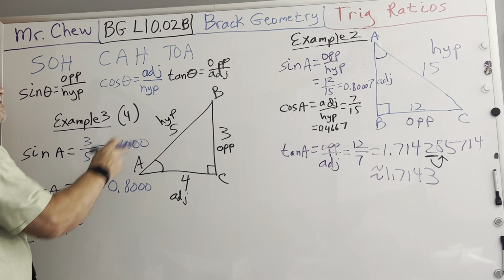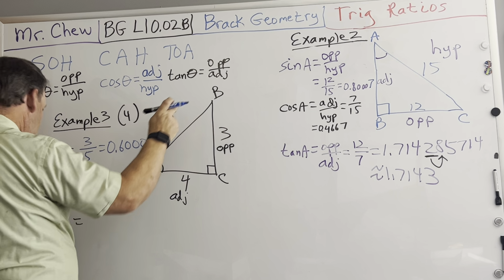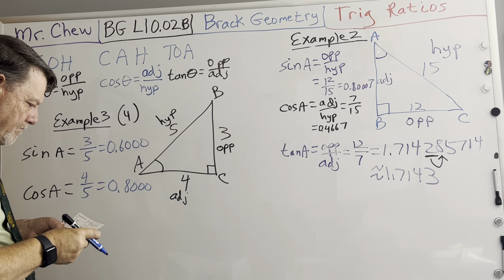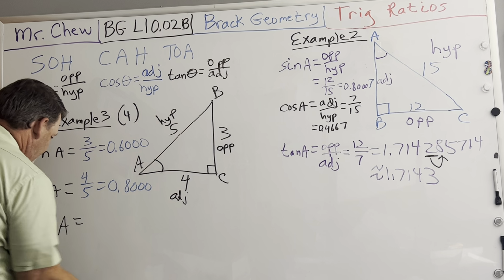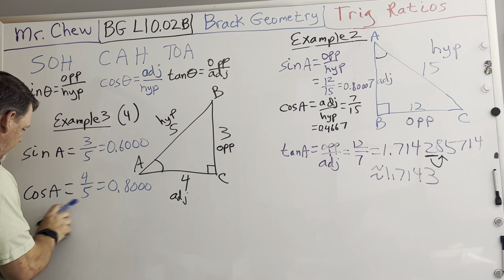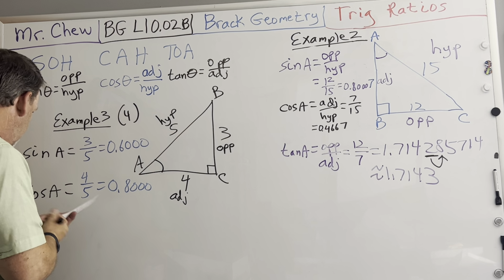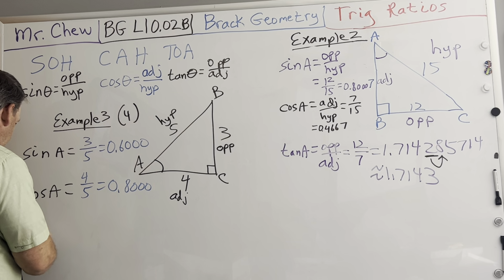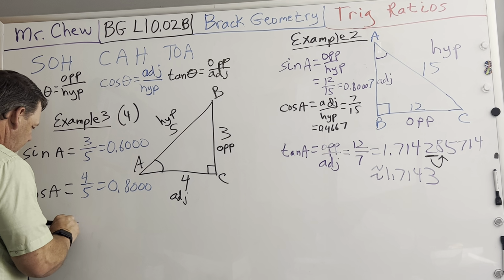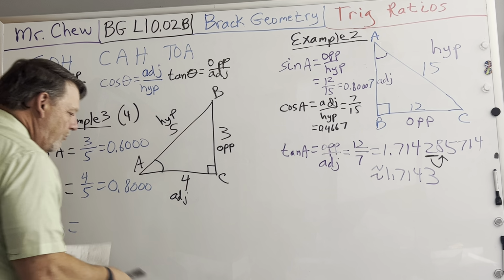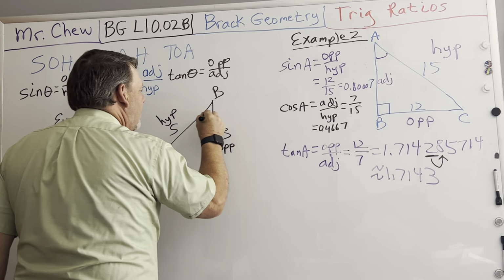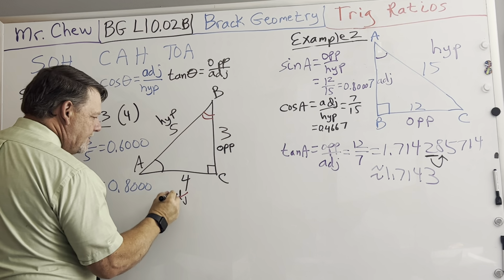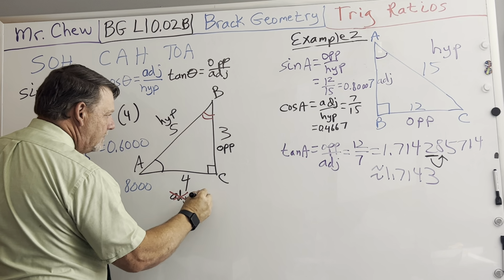And then the tangent of A, TOA, hold on, it was tangent of B. Yep, I knew one of them was different. Yep, it was that one. Tangent of B. I'll change color here. So now, if we're talking about the tangent of B, this is opposite now, not adjacent.